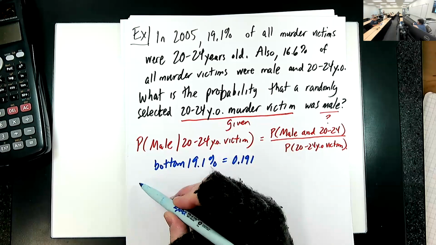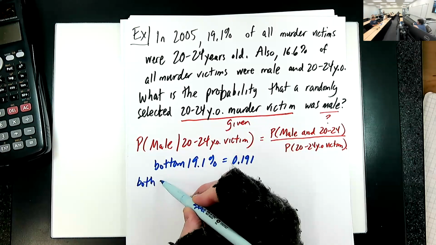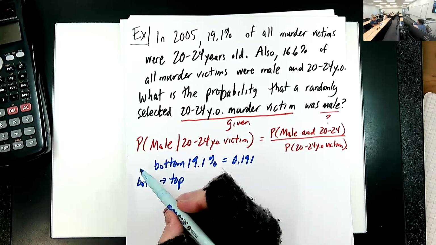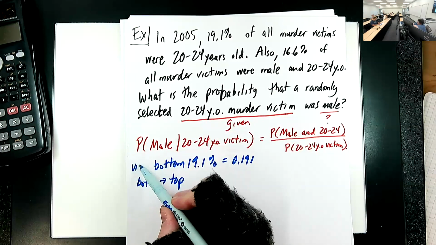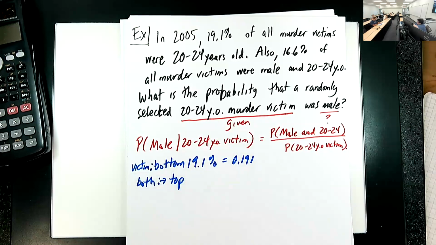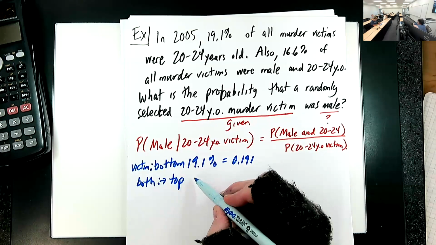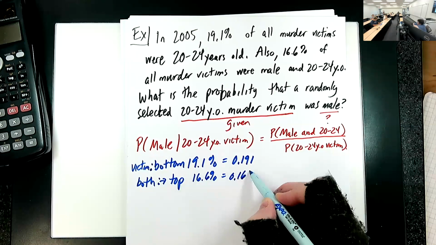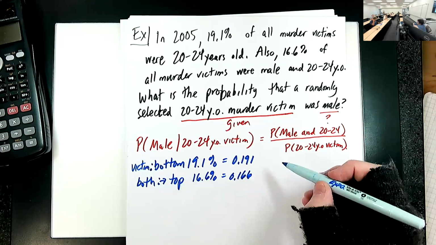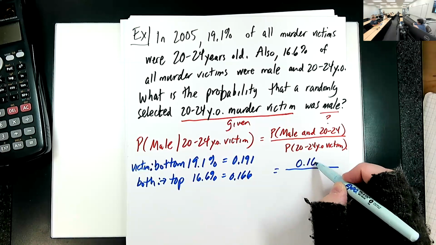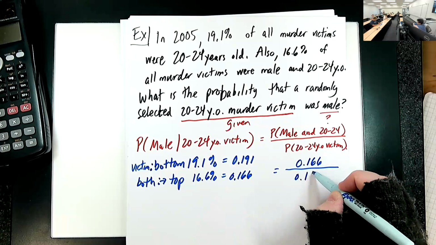So the both was the top, and this was just the victim itself. The both, victim and male, was 16.6% or 0.166, which means we put that up here and the other down here.